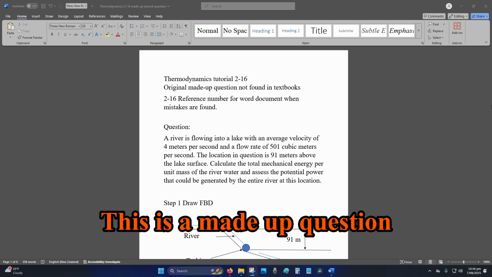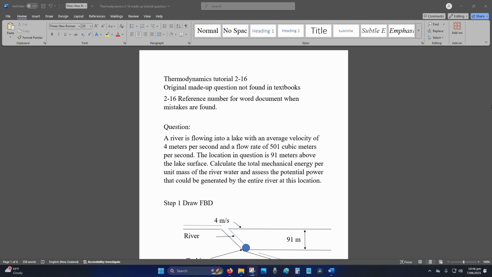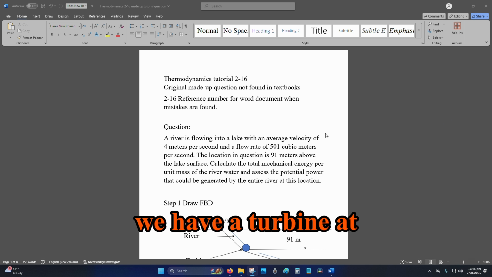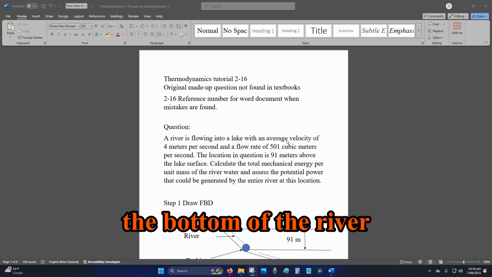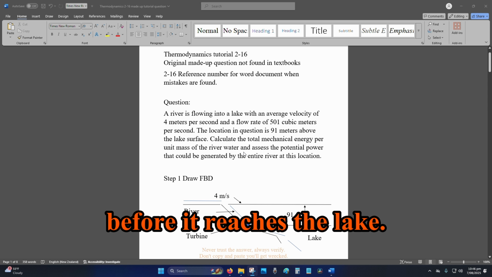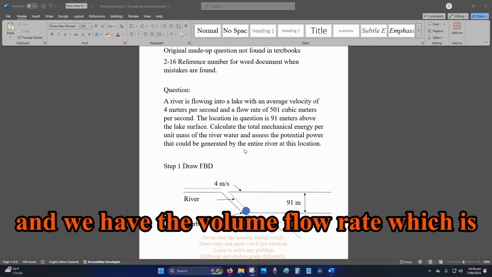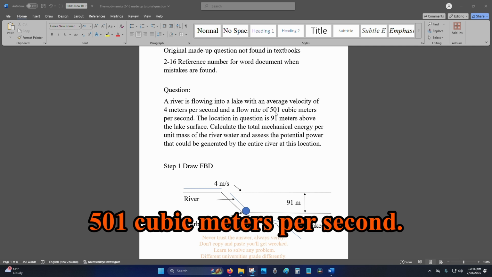This is a made-up question not found in your textbooks. We've got a river flowing into a lake, and we have a turbine at the bottom of the river before it reaches the lake. We want to find the total power generated, and we have the volume flow rate, which is 501 cubic meters per second.